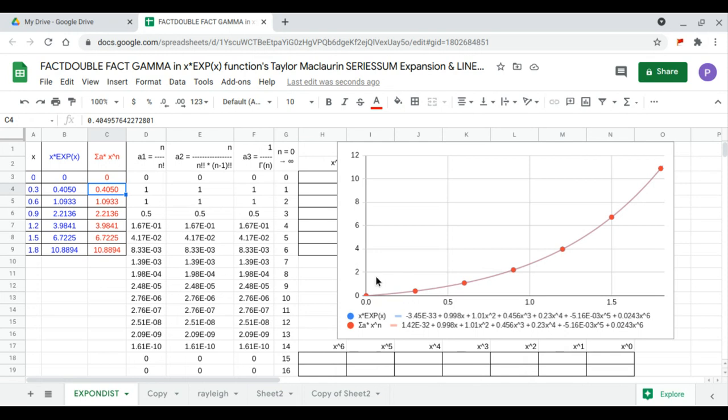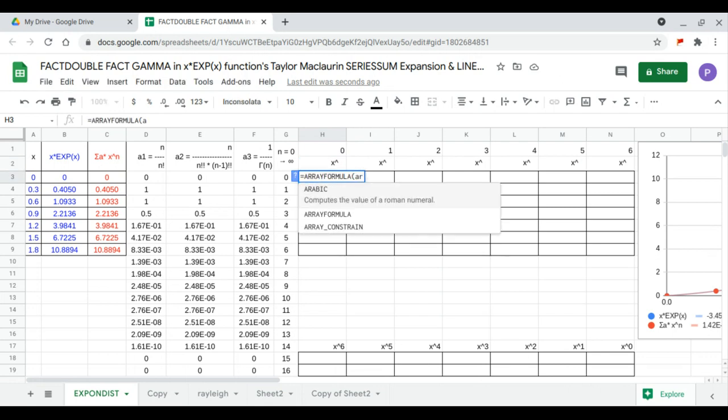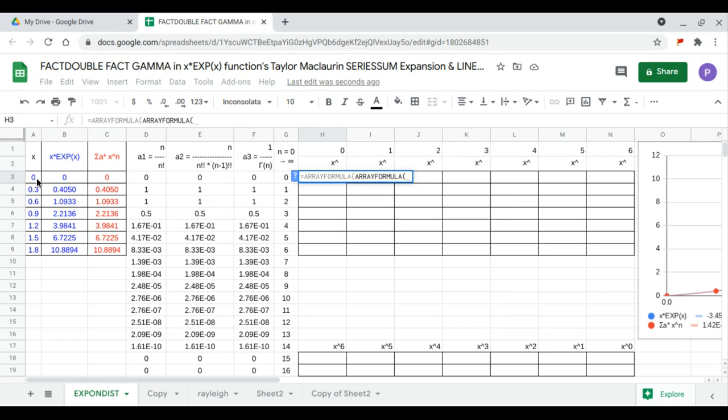We'll calculate this regression coefficient using the LINEST function, beginning with the power. So that is transpose 0 to 6. And the elements of the matrix, which is equal to array formula of the x values raised to the power 0 to 6.